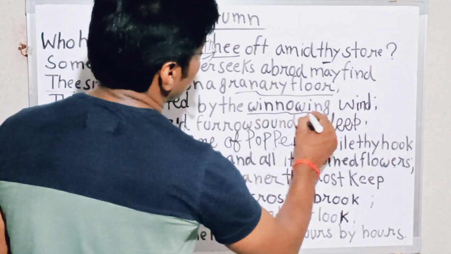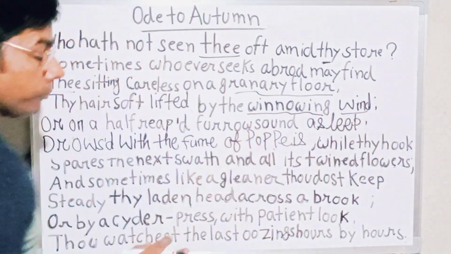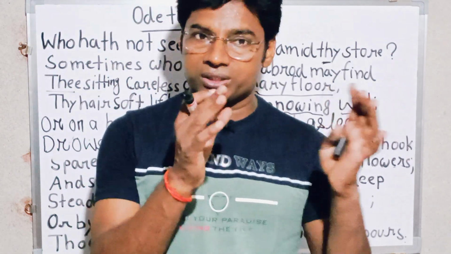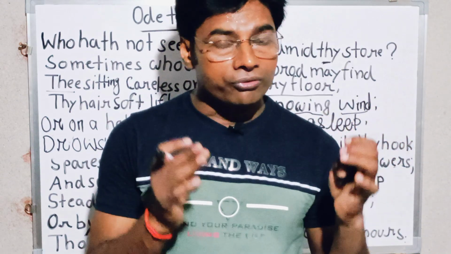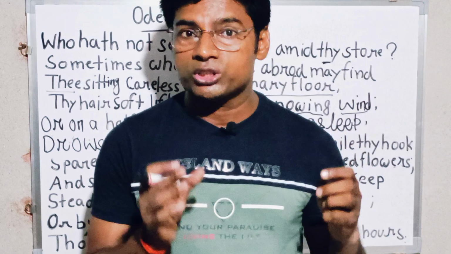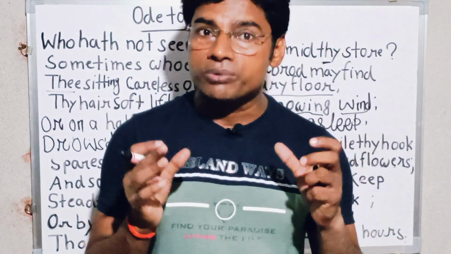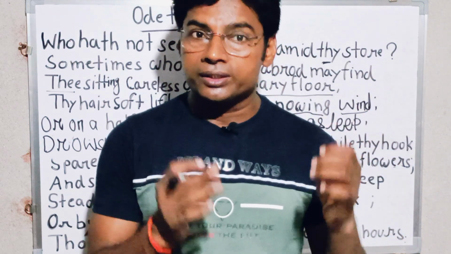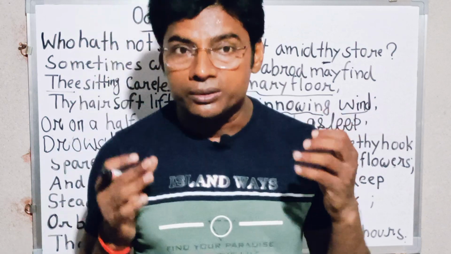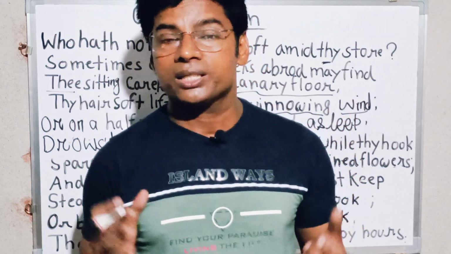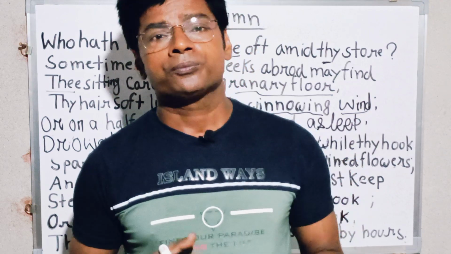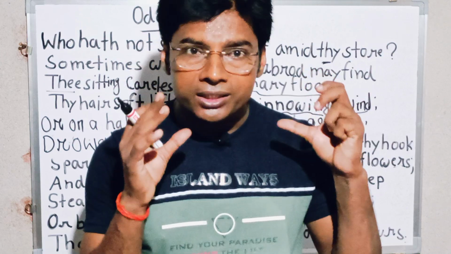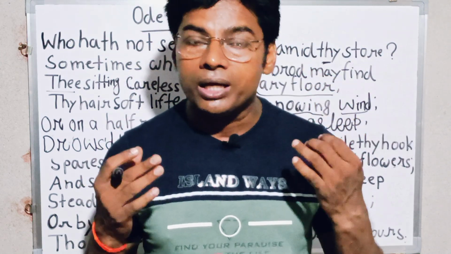Which kind of wind? That very particular wind, my dear learner, which helps the farmers, particularly for separating the grains from the chaff. Chaff is that very particular part of the crop or the plant that is not used for eating, and grain is that very particular part of the crop plant that is used particularly for eating. So he says, how can one identify that the autumn has set in?